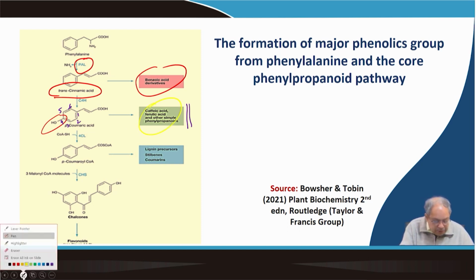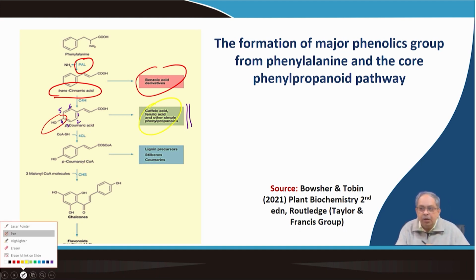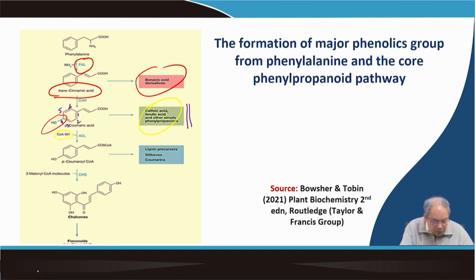And this paracumaric acid also undergoes activation. This is called activation of hydroxycinnamic acids, where a CoA molecule joins, by the action of an enzyme called coumaryl CoA ligase or 4-hydroxycinnamoyl CoA ligase.